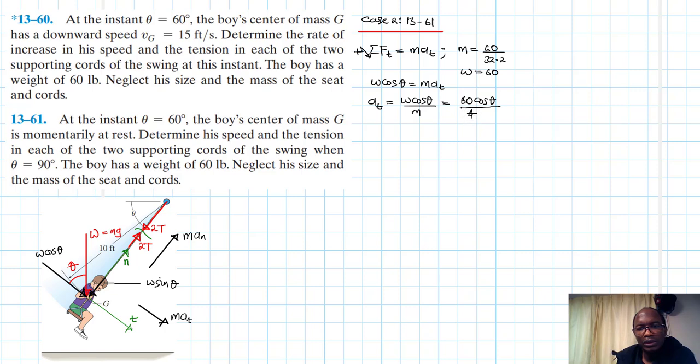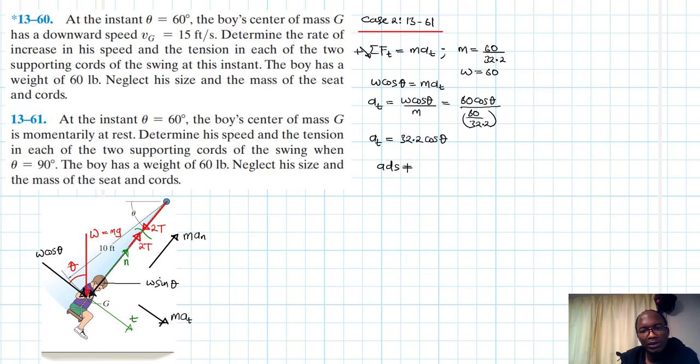So this is 60 divided by 60 over 32.2; therefore, our a_t is going to be equal to 32.2 cos theta.